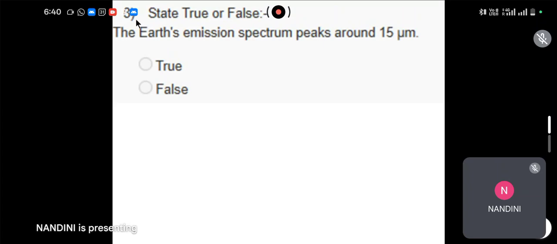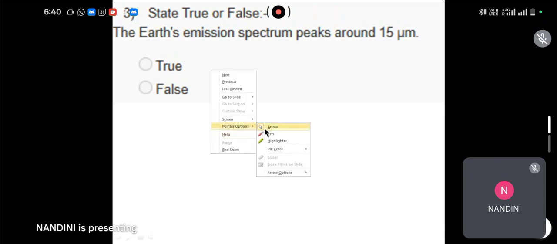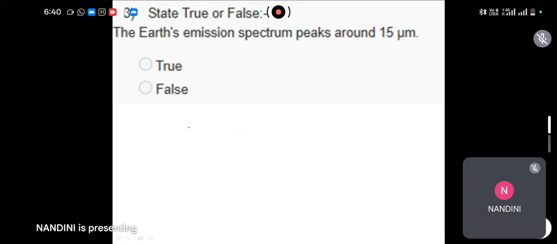Now, state true or false: the Earth's emission spectrum peaks around 15 micrometer. We know how to find the wavelength of the maximum radiation emitted by a black body, which is given by Wien's displacement law.